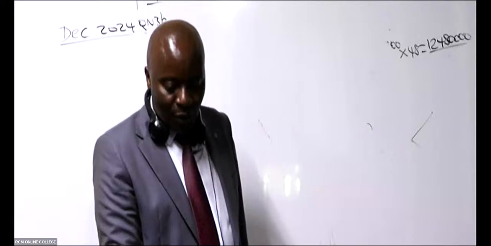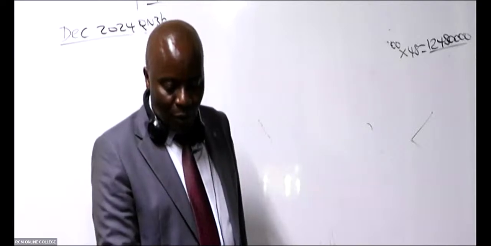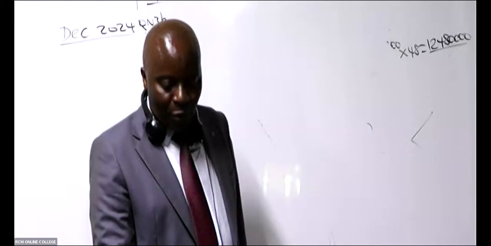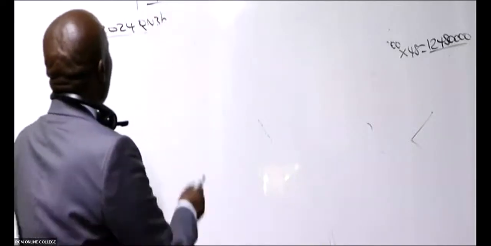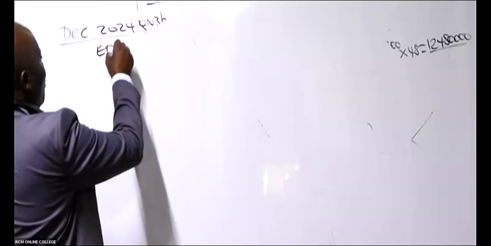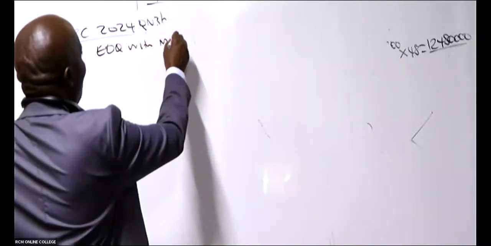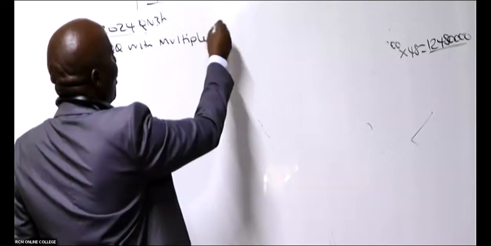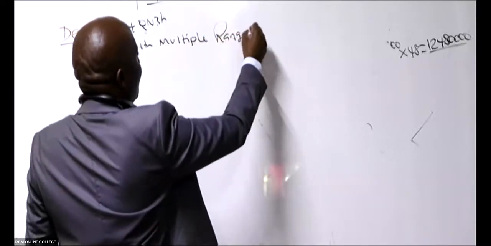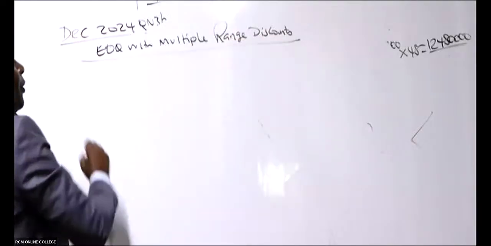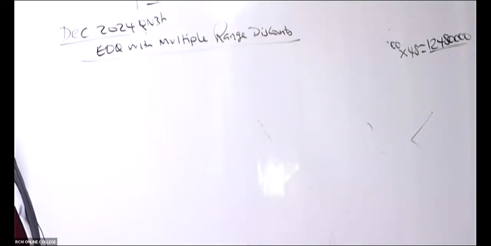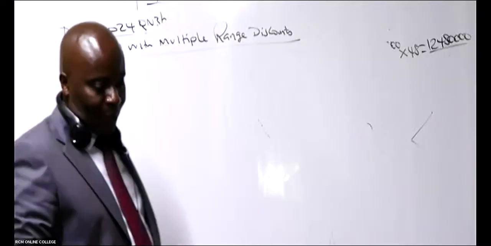So I want us to go straight away to EOQ with multiple range discounts. Very important before we look at something different.